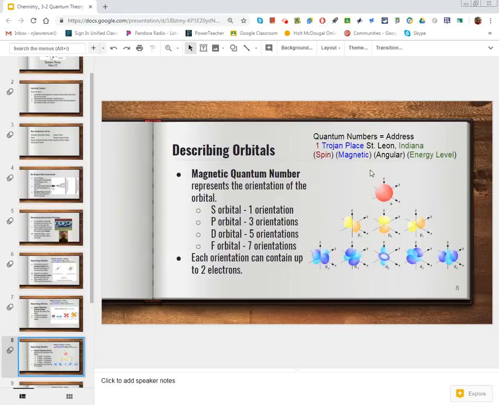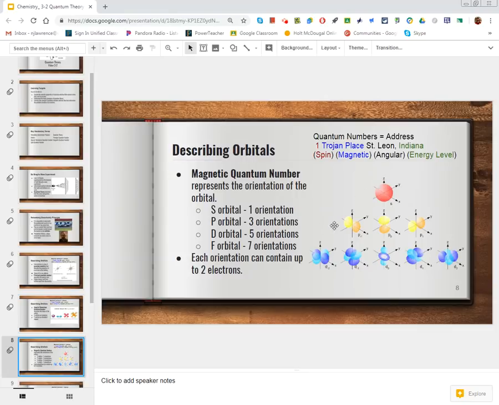Now, the next quantum number we see is called the magnetic quantum number. Magnetic quantum number talks about the orientation or the axis in which that orbital exists. Since the s orbital is just a sphere, there's no real magnetic number that we're going to come up with. So that's why it's going to be called 0.